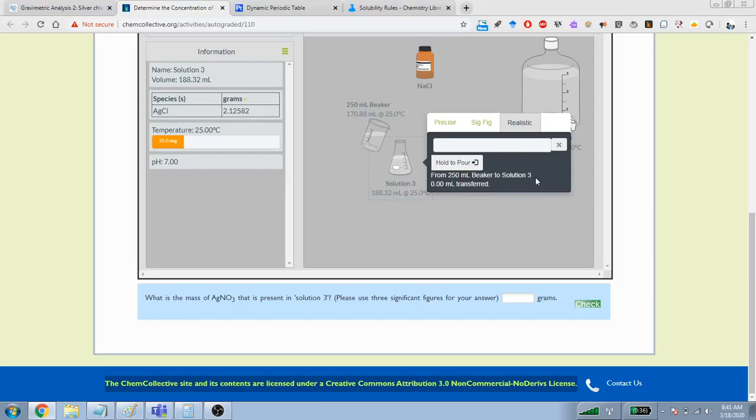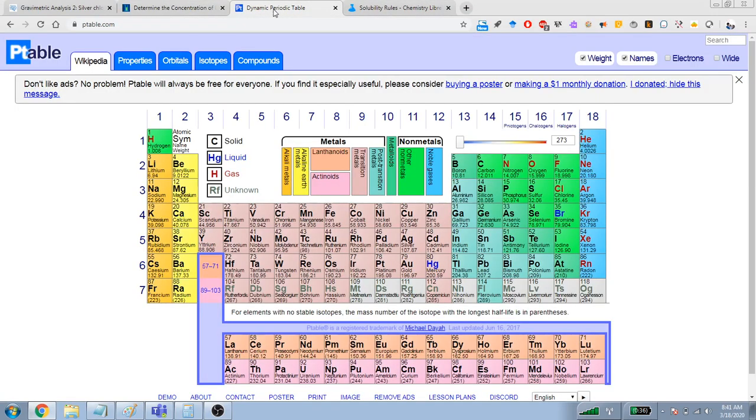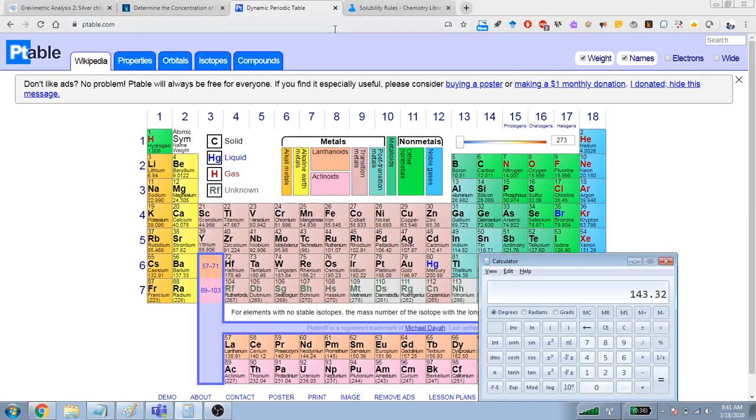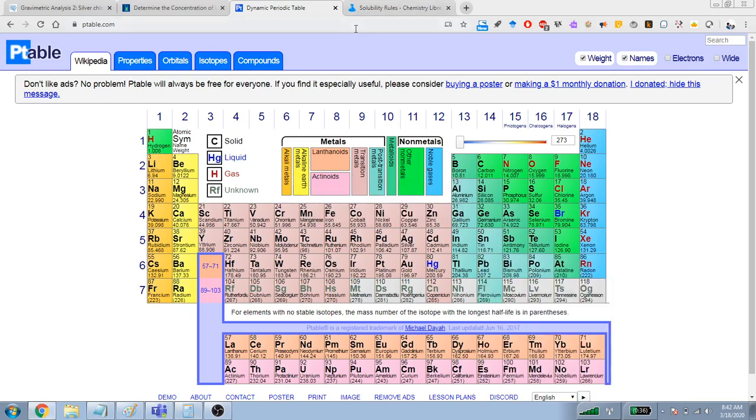I could add them up on the periodic table. I think I am going to add them up on the periodic table. 107.87 Ag plus N, 14.007, plus O3, 15.999 times 3. AgNO3, 169.874, or 169.87.